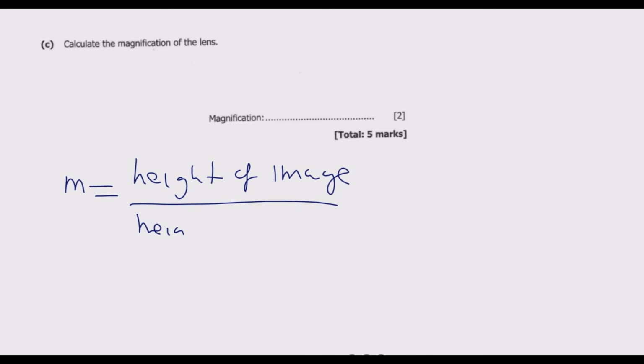We move to C, calculate the magnification of the lens. If we are asked to calculate magnification, then magnification M is given by the height of the image divided by the height of the object.